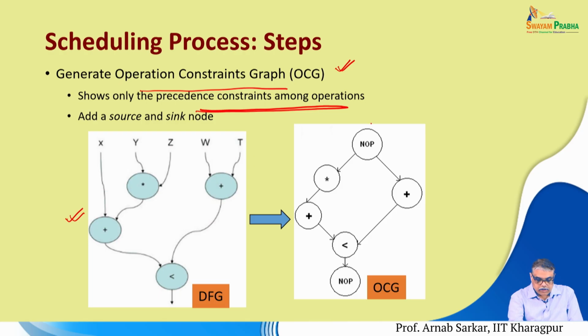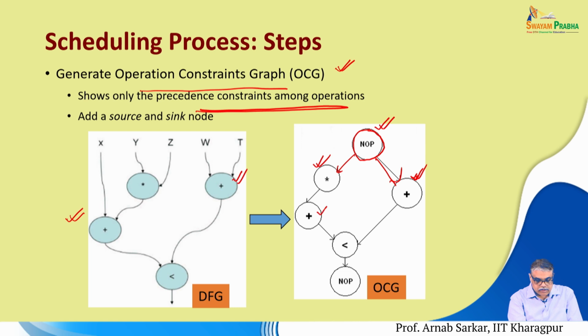So, for example, this is the dummy no-op start node of the operation constraints graph, and then we have two independent operations that can start, this plus operation and this star operation here.